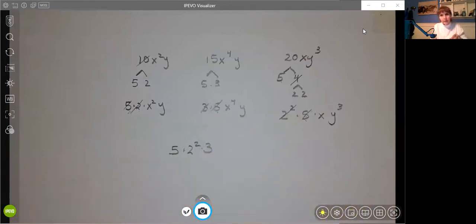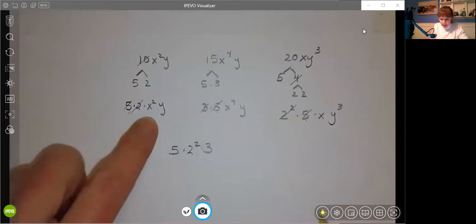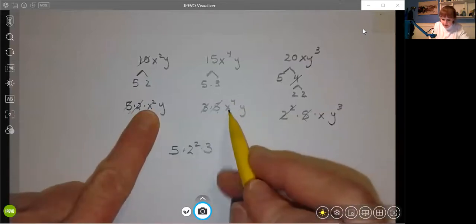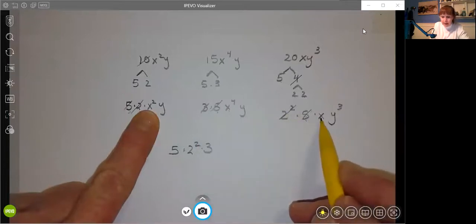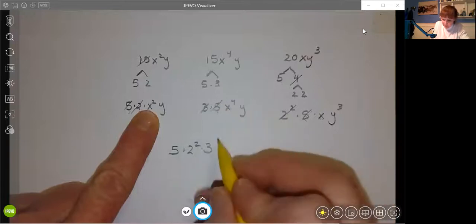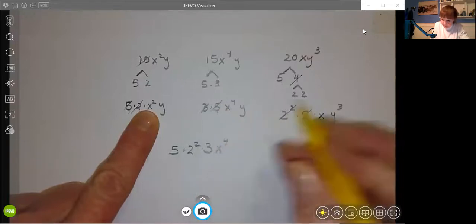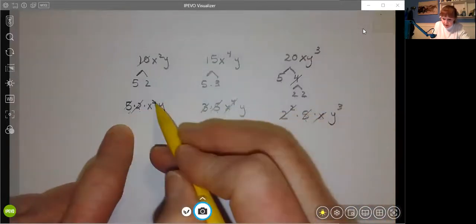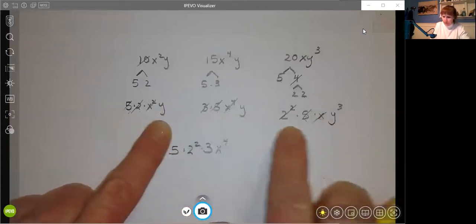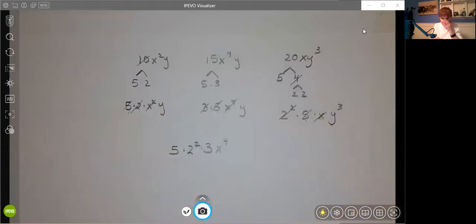So now we're going to go in alphabetical order with our variables. I'll start with x. X squared, x to the 4th, x. So this is the highest power, x to the 4th. So really variables are easier than the numbers because you don't have to break them down. They're already broken down into exponential notation for you.